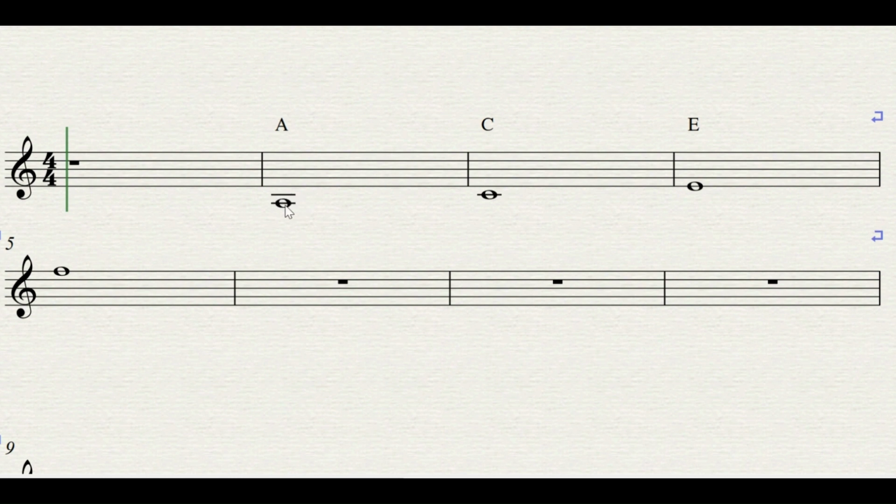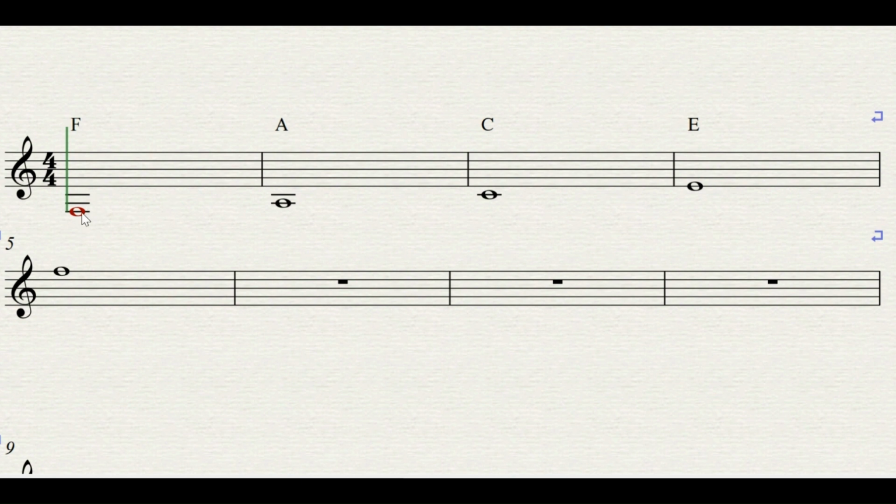And we are going to go 3 ledger lines below the stave here. All right, so 3 ledger lines is F, 2 ledger lines below the stave is A. This is the middle C, C, and E. So I did it this way because sometimes it's difficult to remember notes.